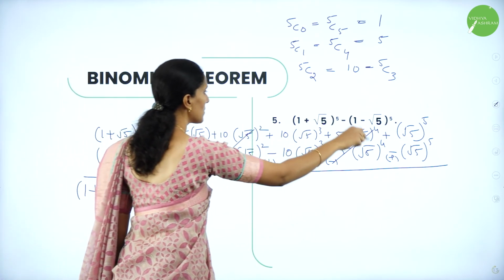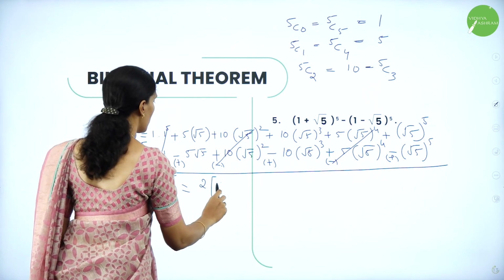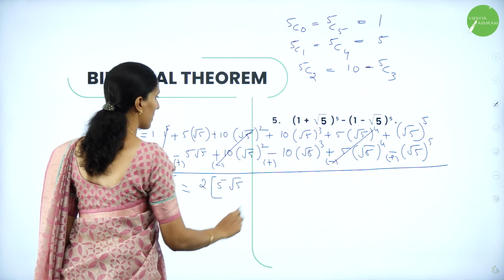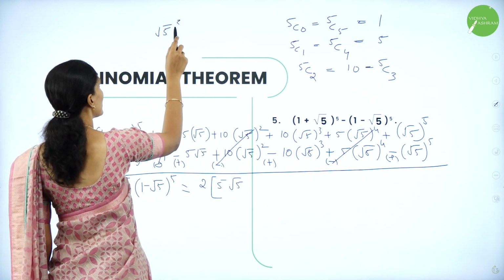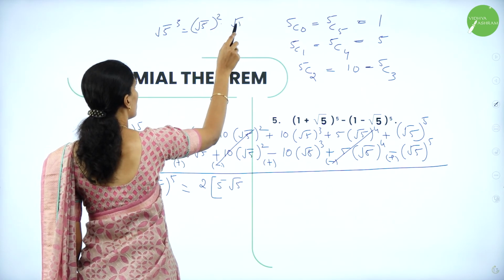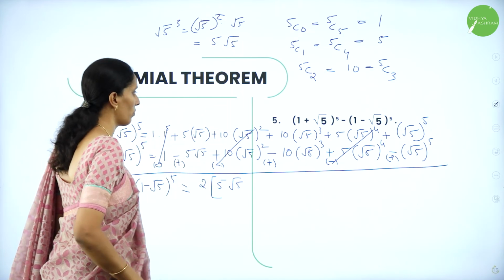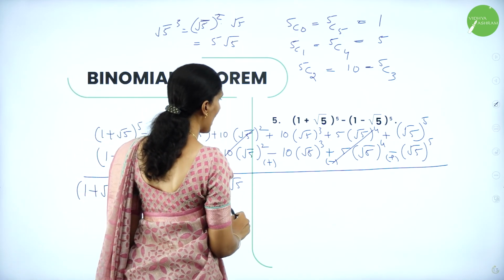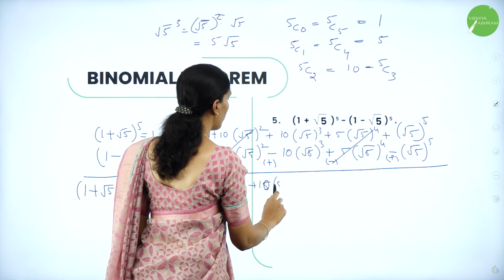So all the terms we have twice. So I can take 2 as a common factor. 5 root 5. Root 5 cube is nothing but root 5 whole square into root 5. So root 5 square gets cancelled. This can be written as 5 root 5. So I'll write this as plus 10 into 5 root 5.